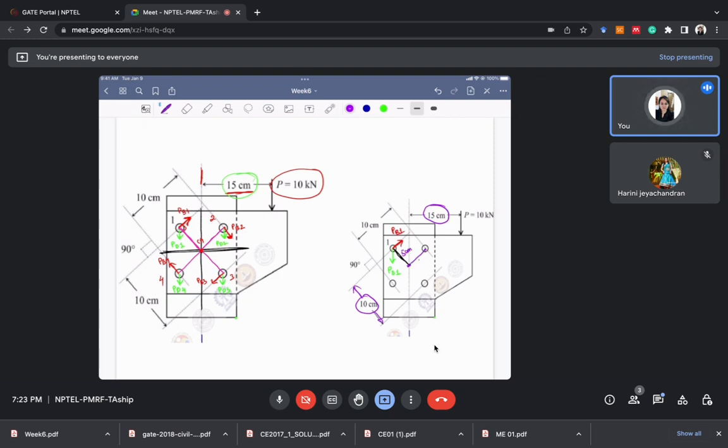All of them are 5 centimeter. So R1, R2, R3, R4 all are 5 centimeter.